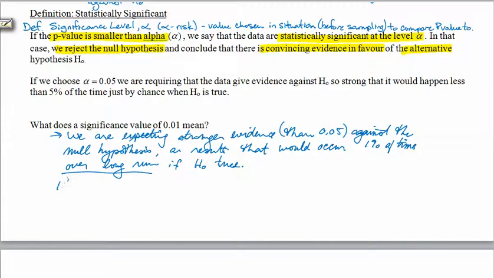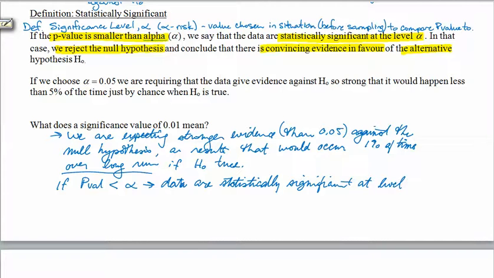So if the p-value is less than alpha, then our data are statistically significant at level alpha.